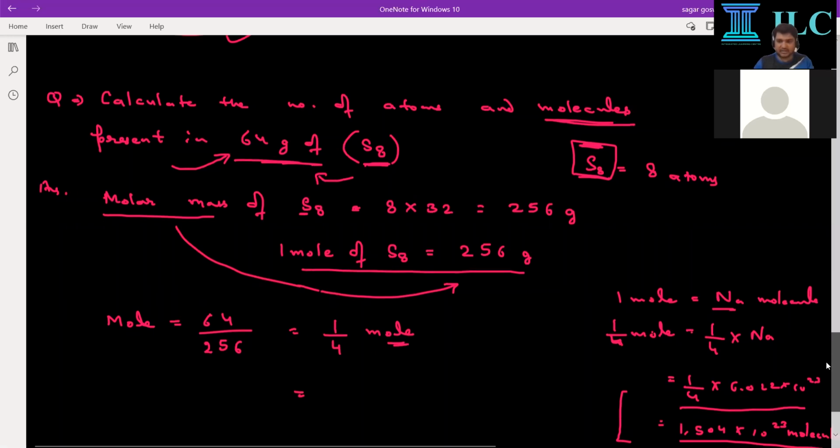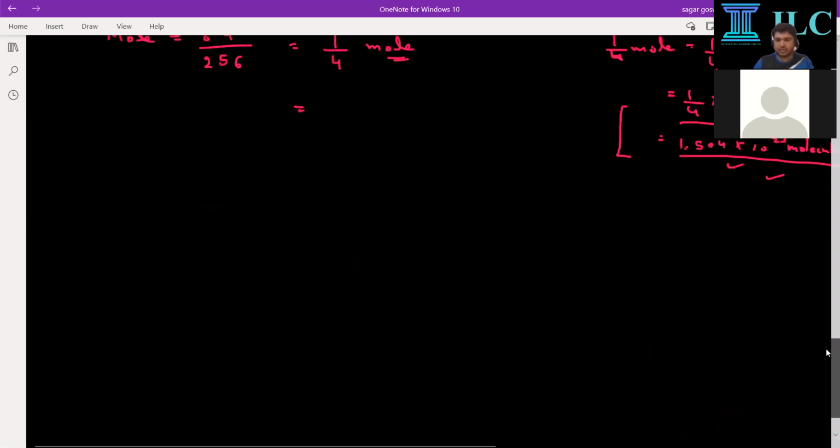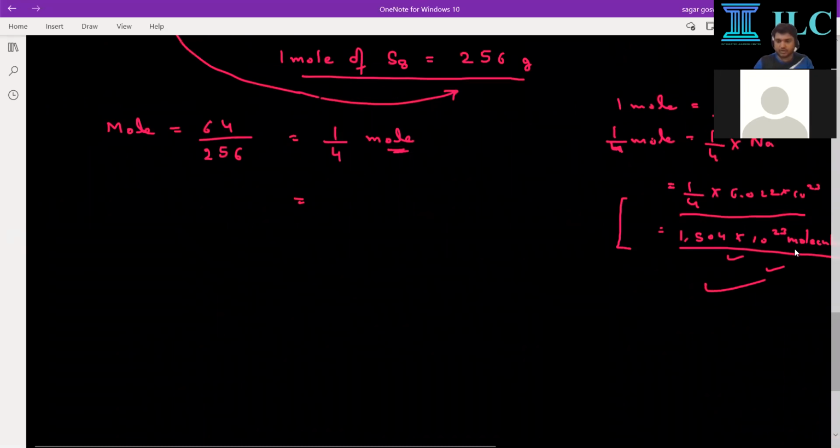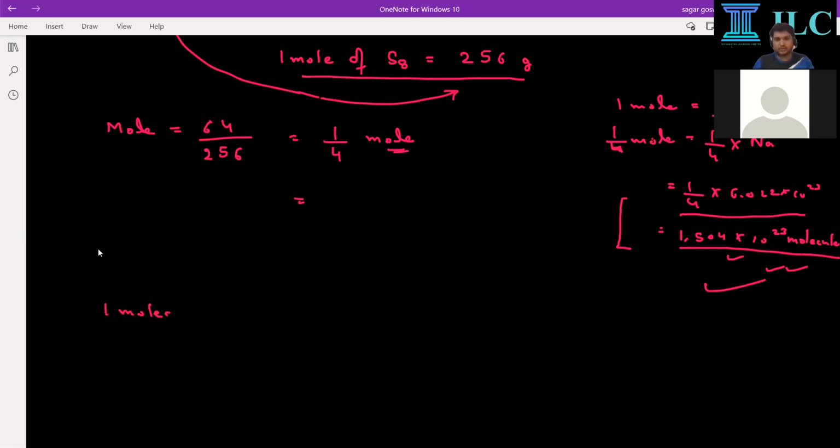So whatever molecules you got, 1.5 into 10 to the power 23 molecules. If one molecule contains eight atoms, then that many molecules contain how much? According to the formula of S8, one molecule is containing 8 atoms of sulfur.